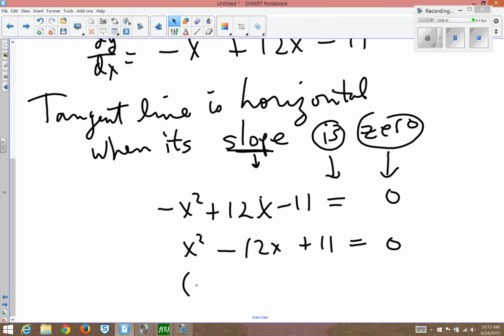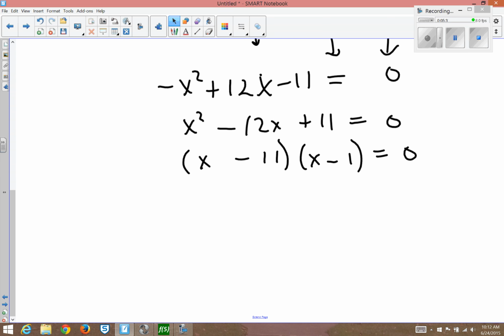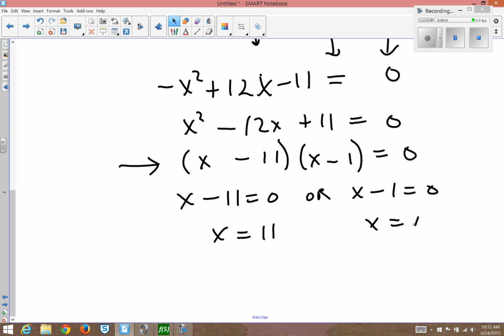This left side can be factored, x minus 11, x minus 1. If you couldn't think of the factors here, you could use the quadratic formula. This is equal to 0 when x minus 11 equals 0, or when x minus 1 equals 0. So x equals 11, x equals 1.